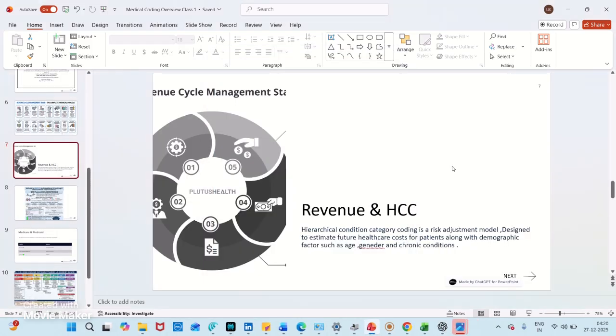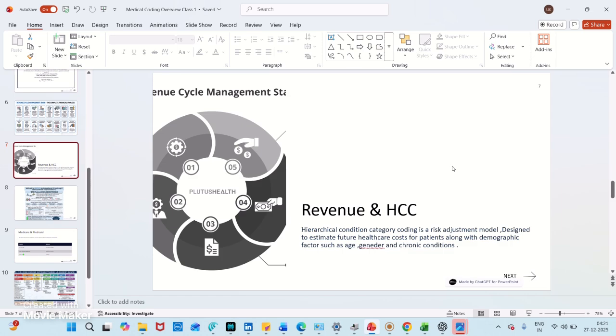Next, HCC. HCC stands for Hierarchical Condition Category. It is a risk adjustment model designed to estimate future healthcare costs for a patient, along with demographic factors such as age, gender, and chronic conditions.